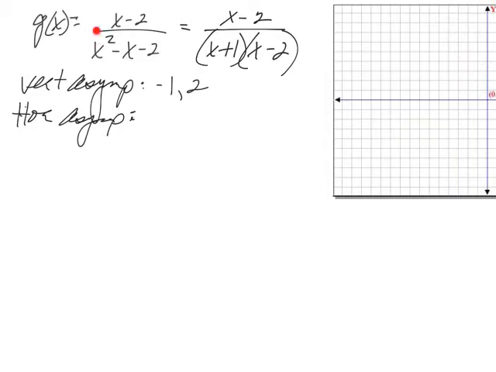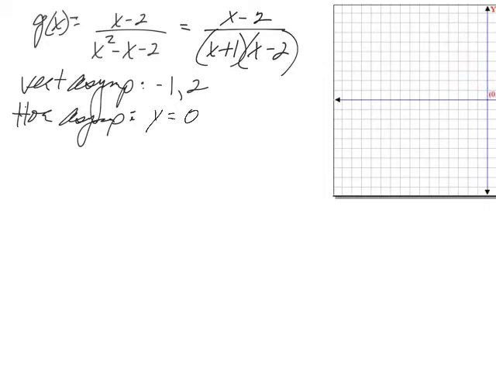So, since the degree of the numerator is less than the degree of the denominator, the horizontal asymptote is y equals 0, or the x-axis. So let's just put down y equals 0 so we don't get things mixed up by putting vertical asymptote or the x-axis down.